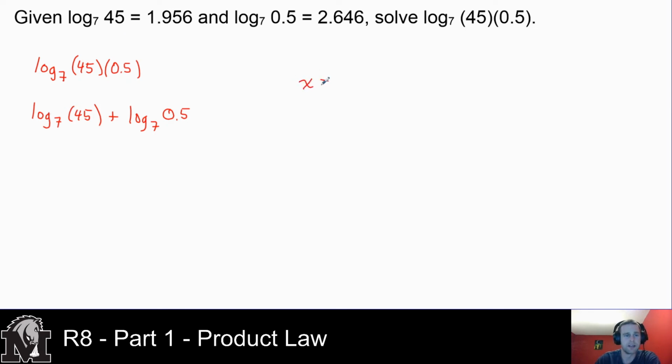We could say that x is equal to log base 7 of 45 and y is equal to log base 7 of 0.5.